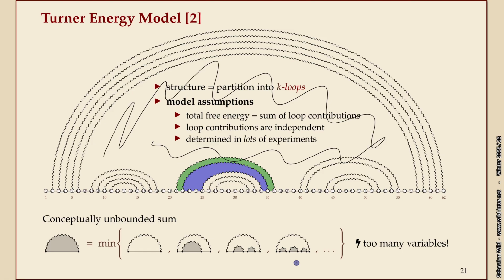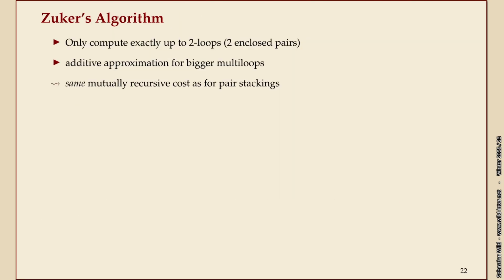So what people do is you're restricted to 2 pairs inside. So you have this wiggly line outside, and you allow 2 more wiggly lines inside. If it's more than that, you do some heuristic and say, I'm splitting off 1, and there's an additive function that you can deal with without specifying them already.